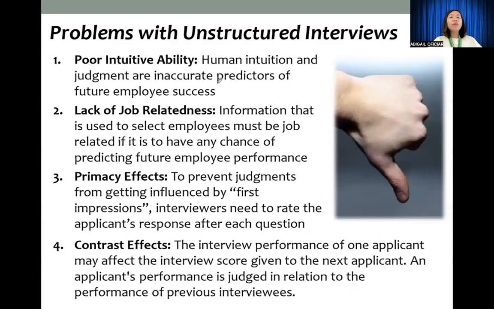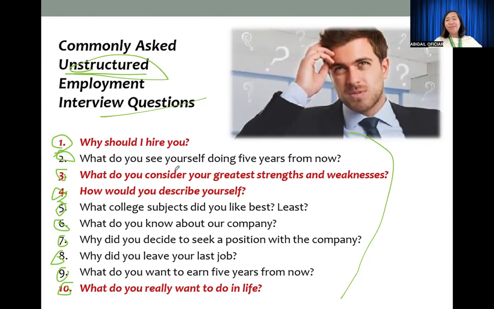Okay. So next, problem with unstructured interviews. First, poor intuitive ability. So human intuitions and judgment are inaccurate predictors of future employee success. Ito kasing mga questions na ito, hindi na pinag-iisipan niyo.